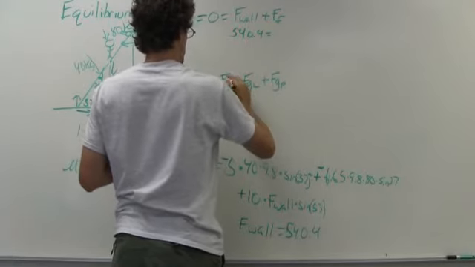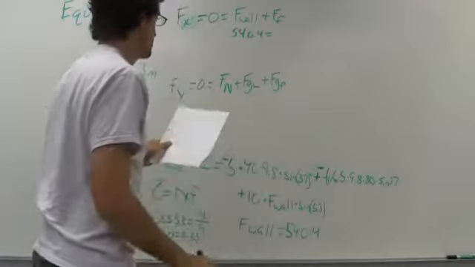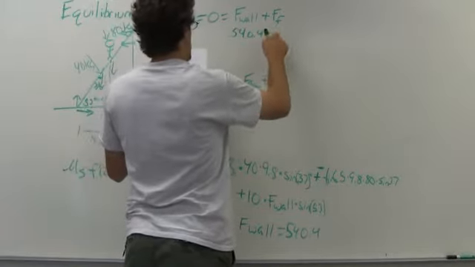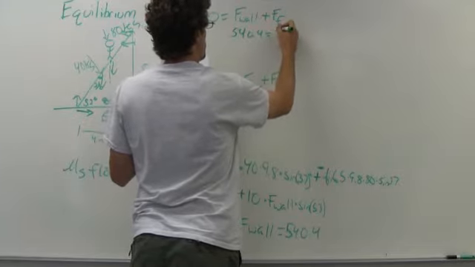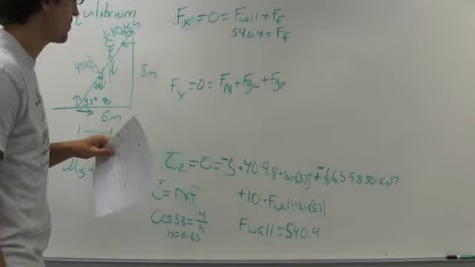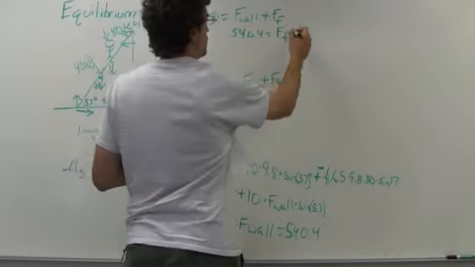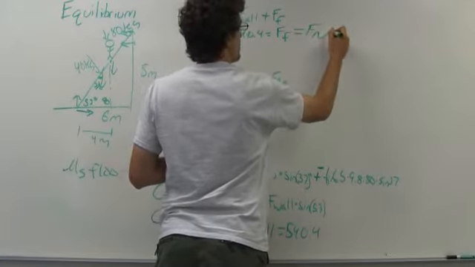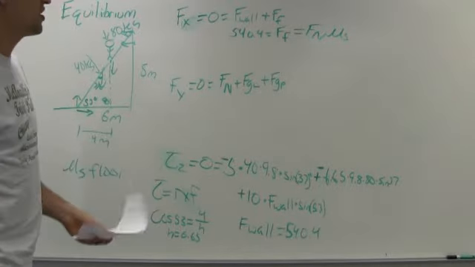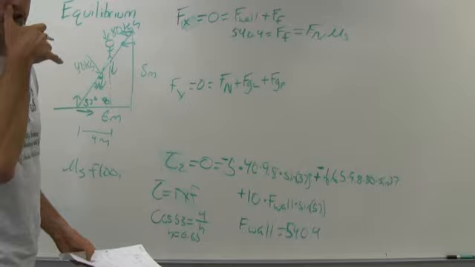Oopsie. That should have been normal. Not enough friction, my bad. So 540.4 equals the frictional force, and we can also say that's equal to the normal force times the coefficient of static friction. So now to find μs, we have to find the normal force.